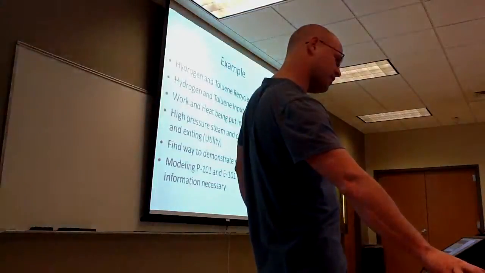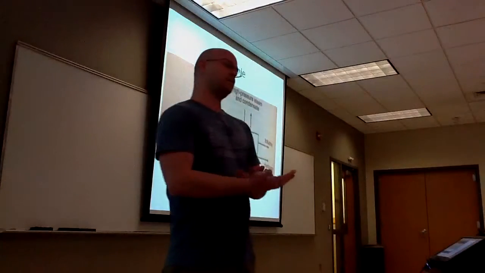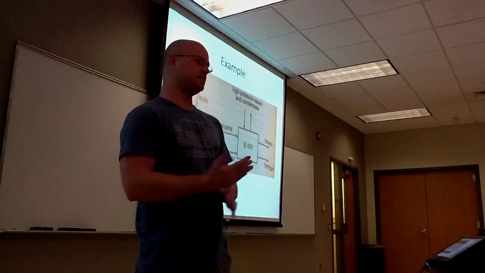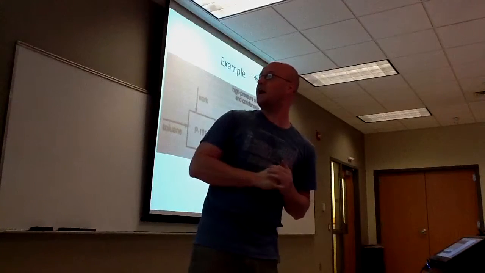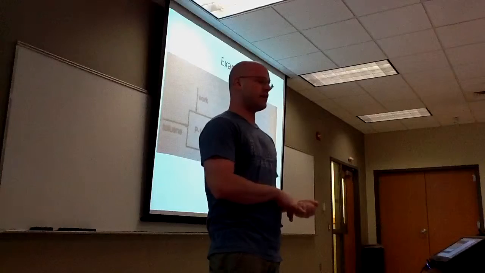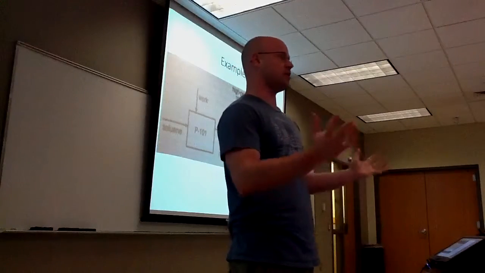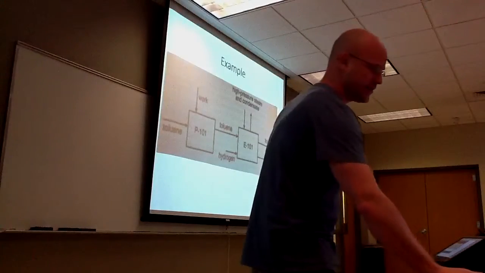So you can model it like this and grossly simplify it. With this, you're taking care of all your energy coming in, all your recycle, and your inputs all coming in.